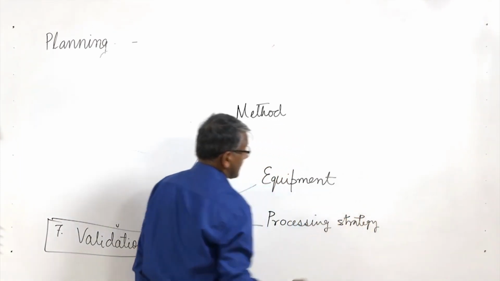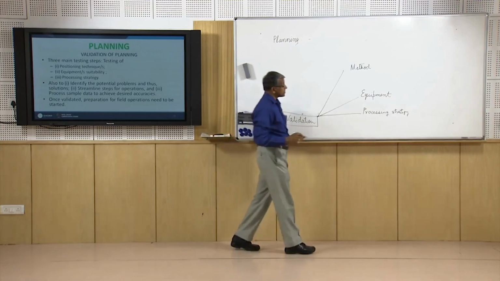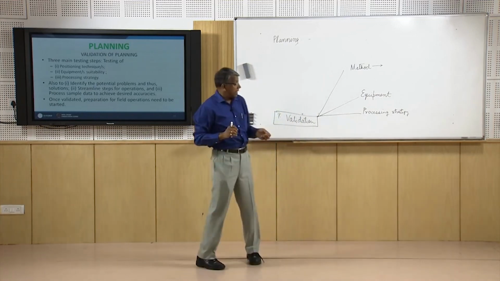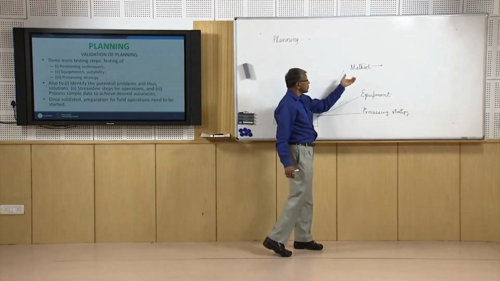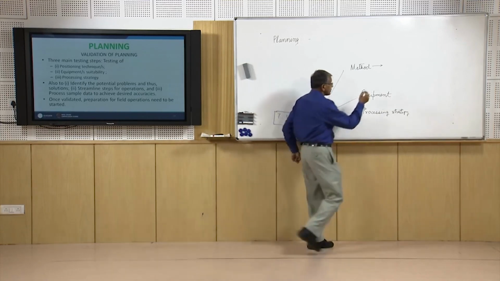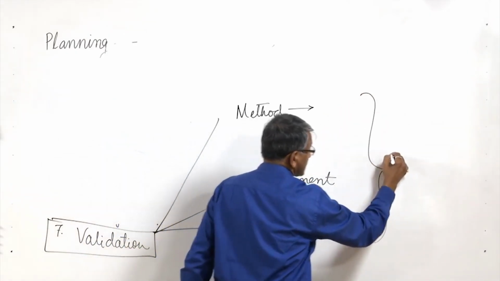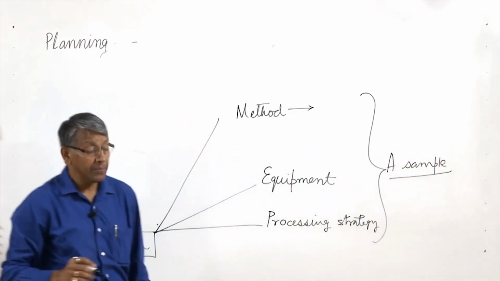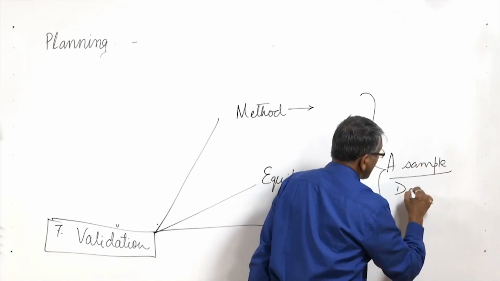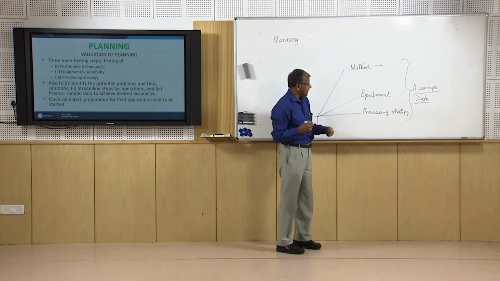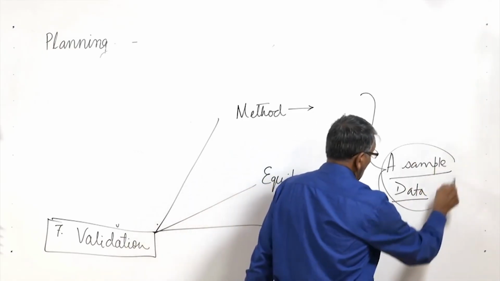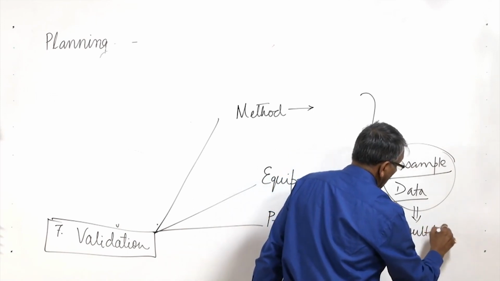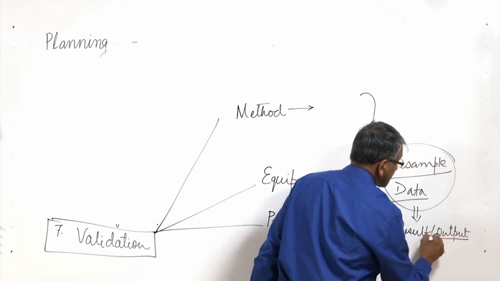So, these are the 3 things which we have considered during our planning and which should be validated. In order to do this, we should take sample data, as I told you during our field reconnaissance we have collected the sample data, and that sample data has to be processed, and after processing we should see whether the output is meeting our standard specification or not.